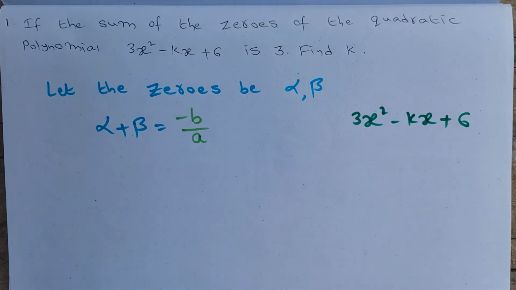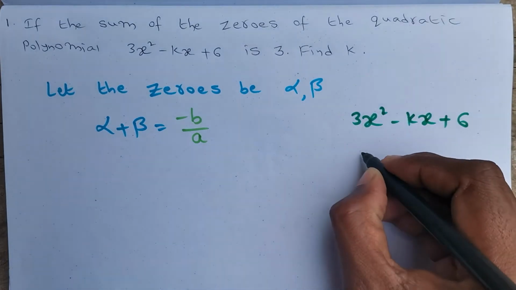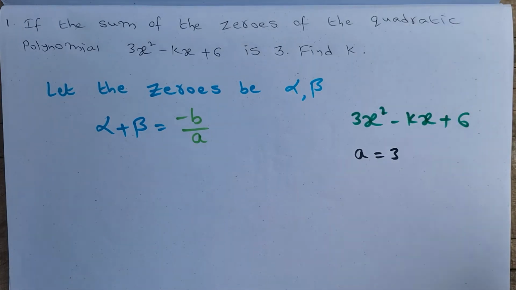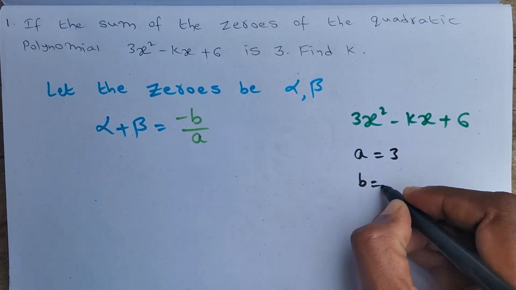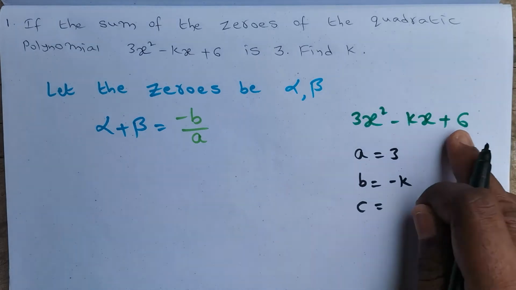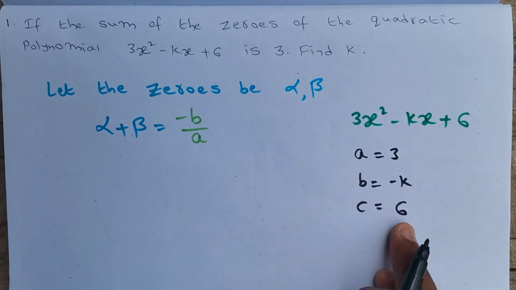X square coefficient is a. Here before x square 3 is there, so a value will be 3. X coefficient is b. Here before x we have minus k, so b value is minus k, and c value is nothing but the constant. Here plus 6 is constant. So a value is 3, b value is minus k, and c value is 6.